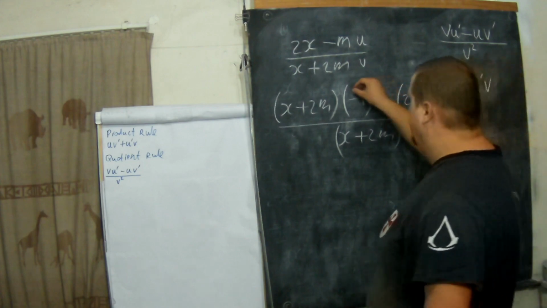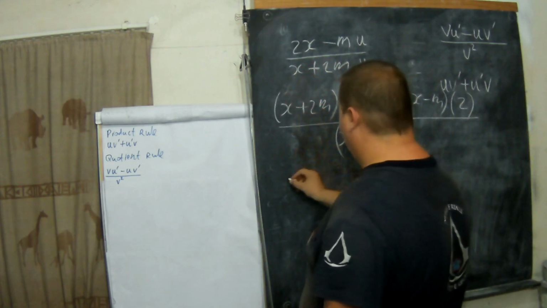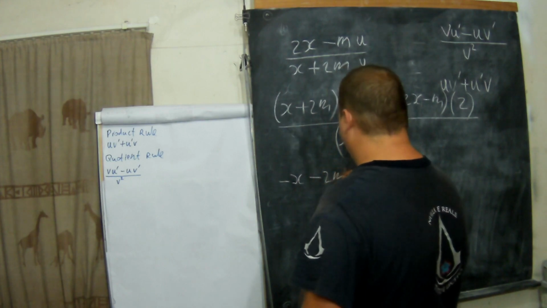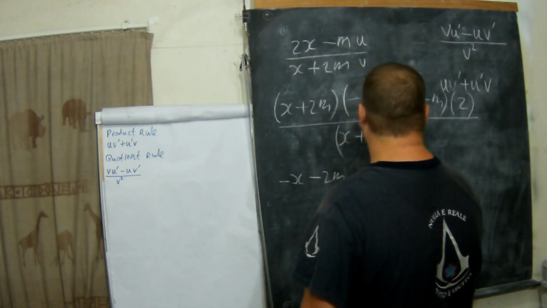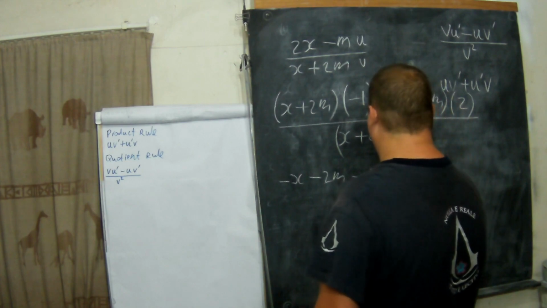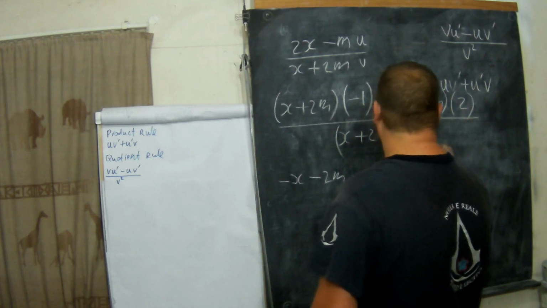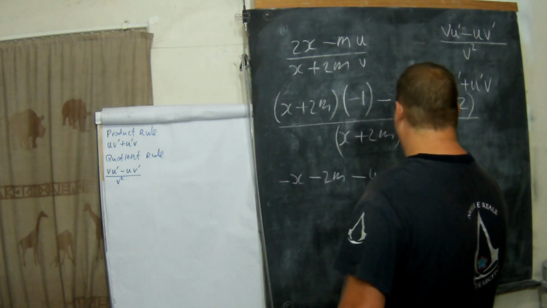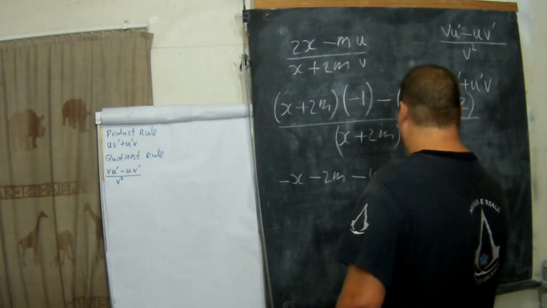So we multiply the minus 1 in, so we get minus x minus 2m minus 2 times 2 is 4x times 2 is minus 2m.